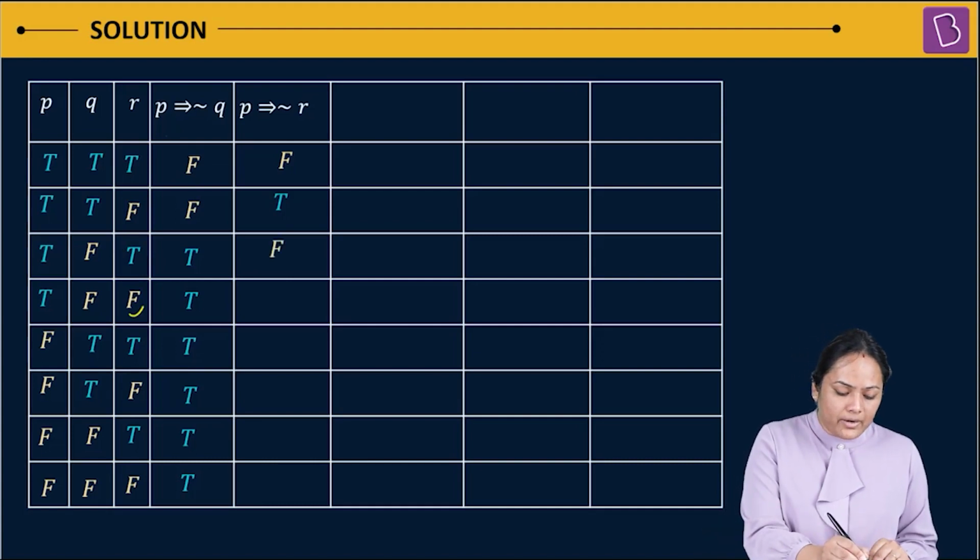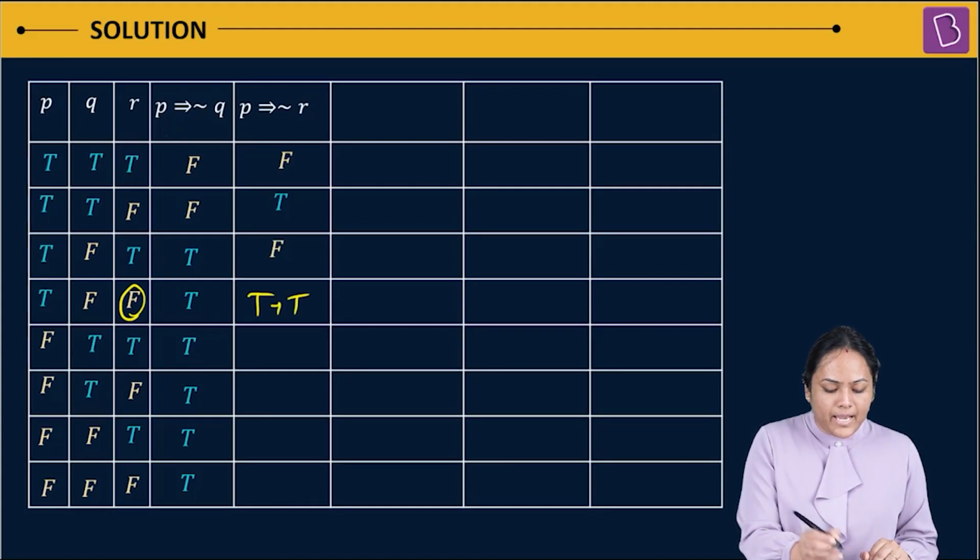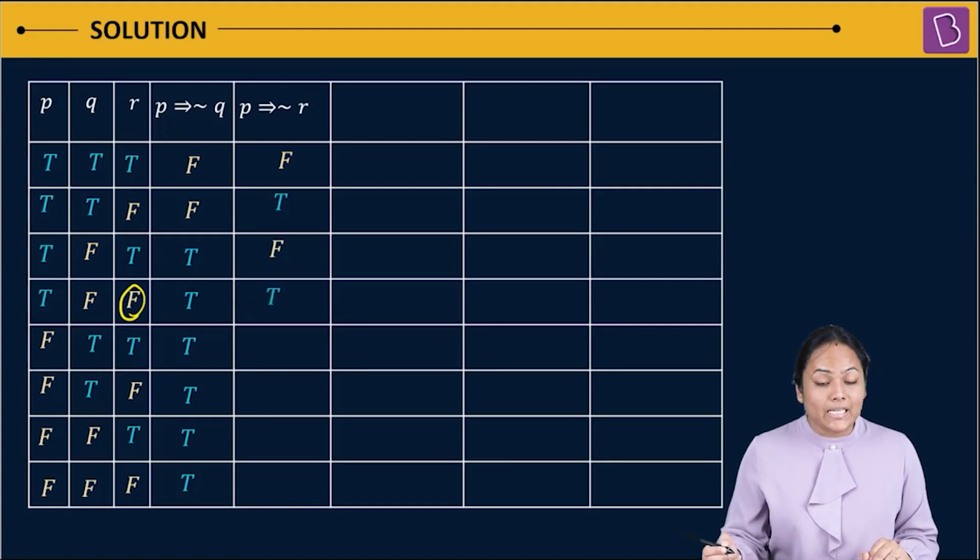Then I have R as F. So I'll have T implies T, which is going to give me T, right?